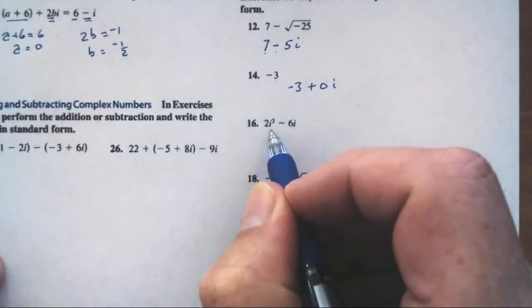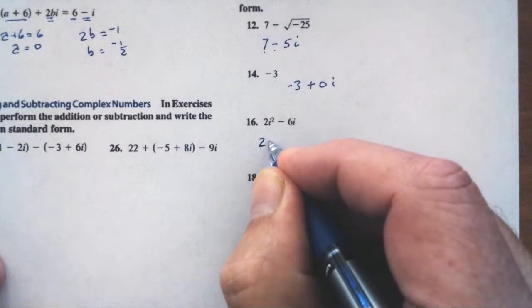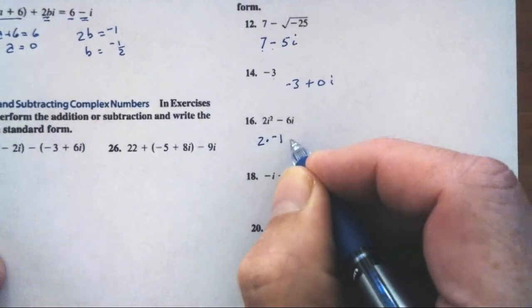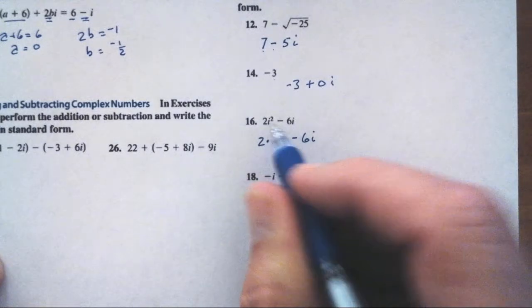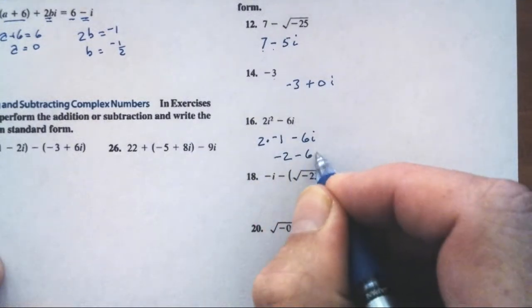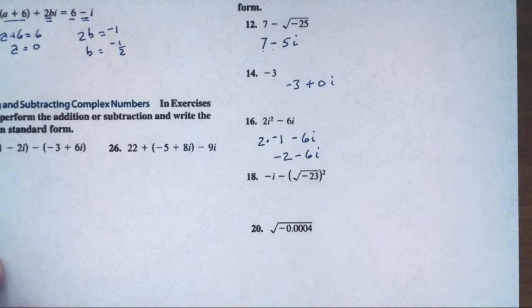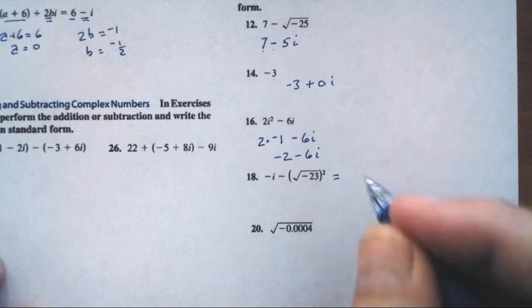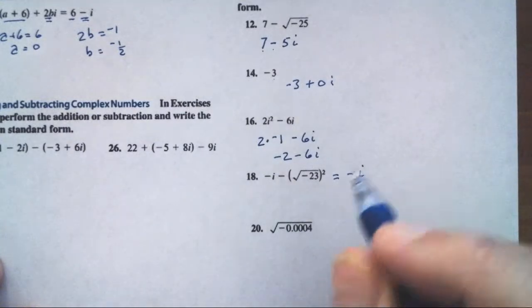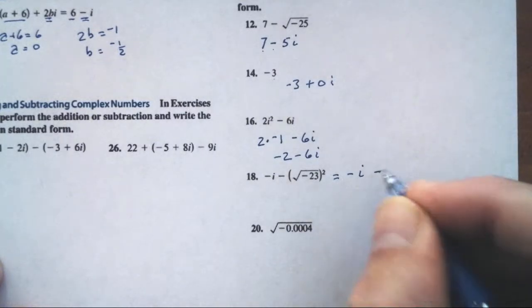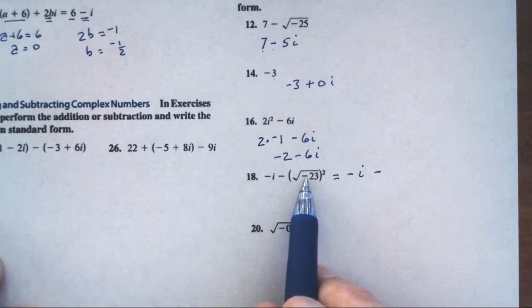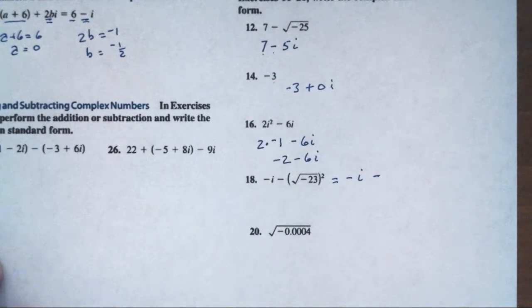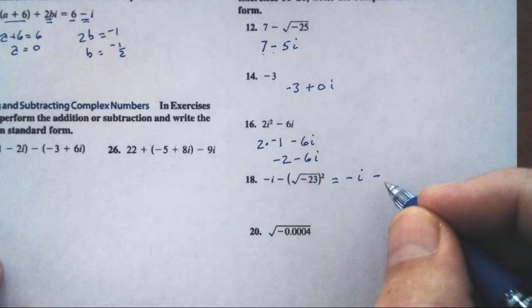Okay. i squared, as mentioned above, is equal to -1. So we end up here with 2 times -1, -2 minus 6i. Number 18, I'm just going to drag this along to the side. I'm going to leave this -i. I'm going to pull the i out of here first, and in class I'll talk about the Bluegill theorem that I sort of invented.